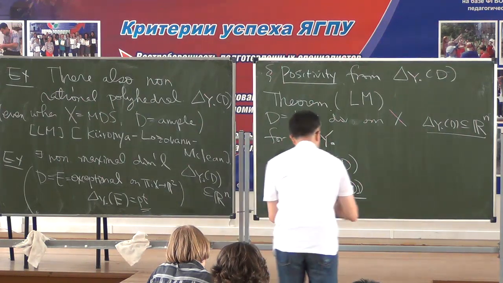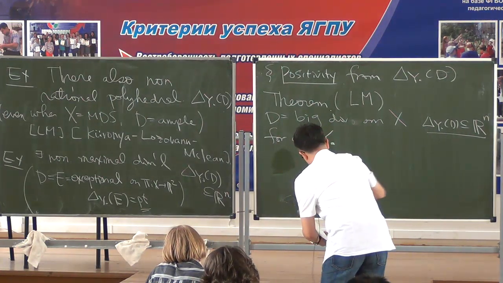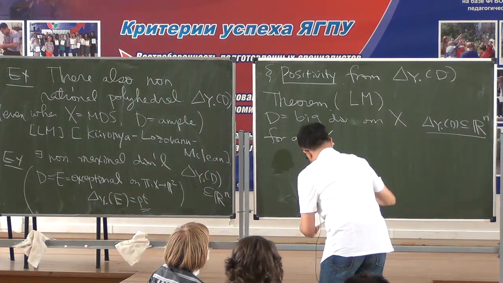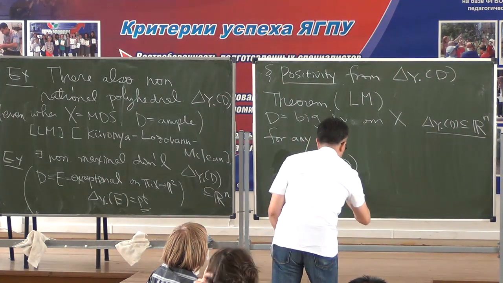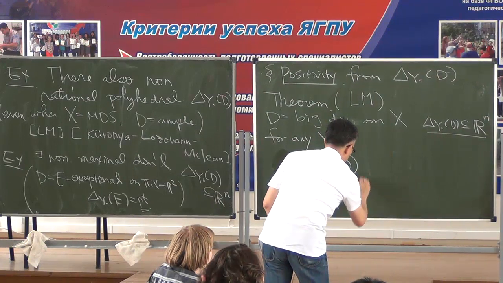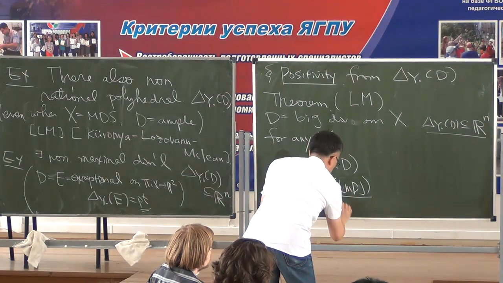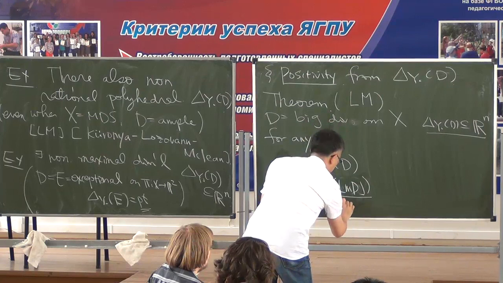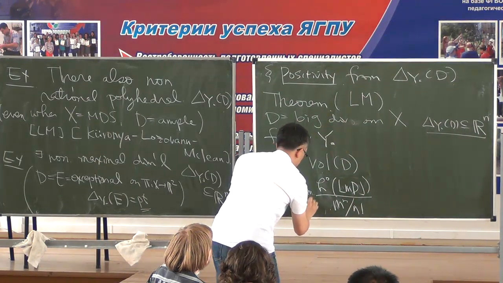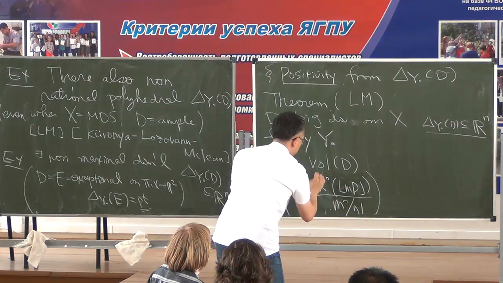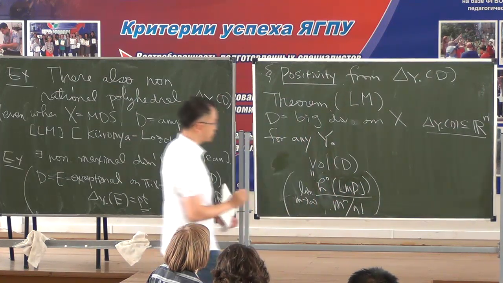So this is called the volume of the divisor.